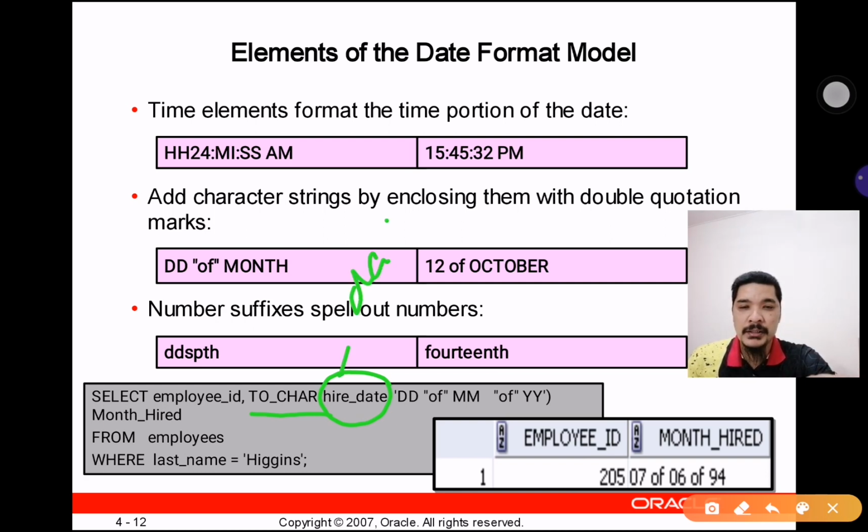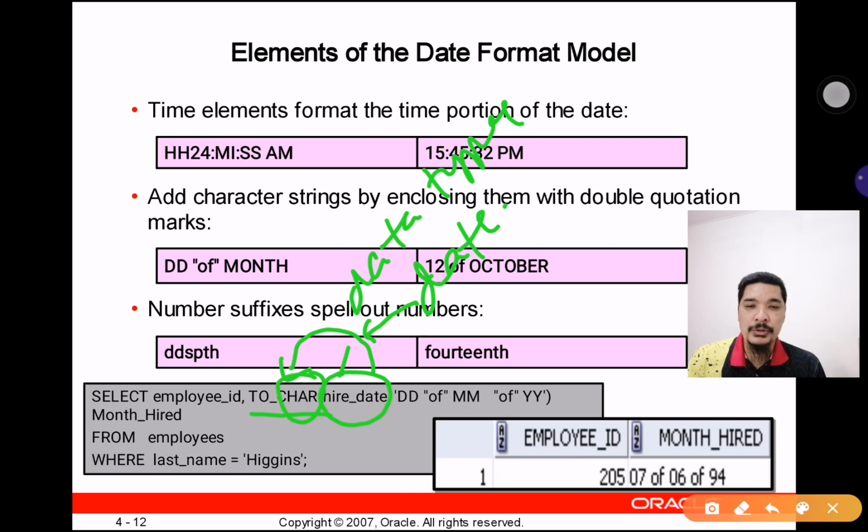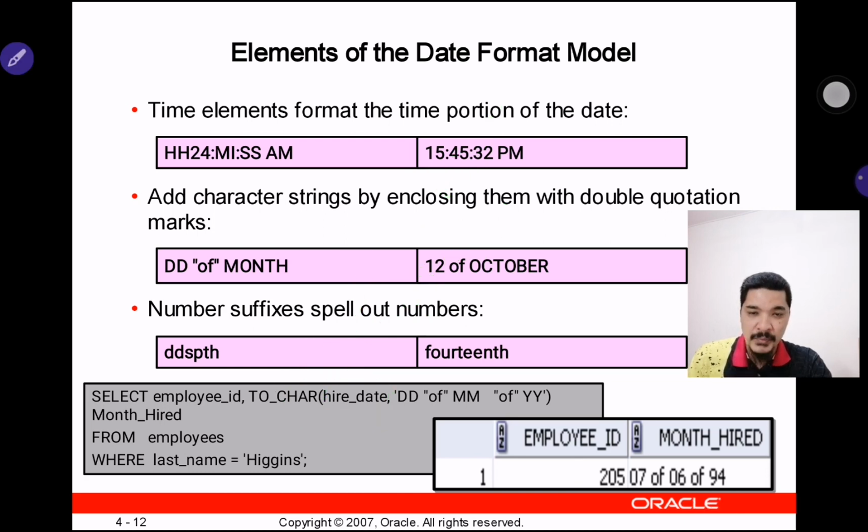So we want to change the date into a character, so we are going to use TO_CHAR. I repeat again, number one here.